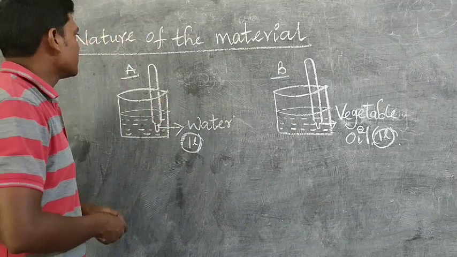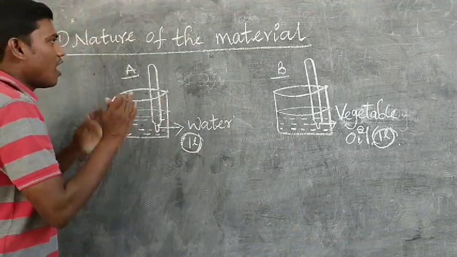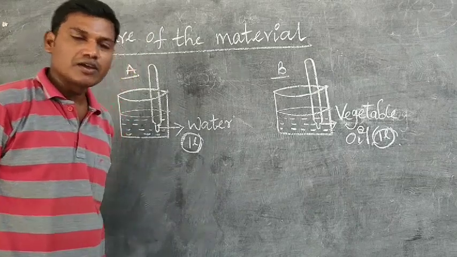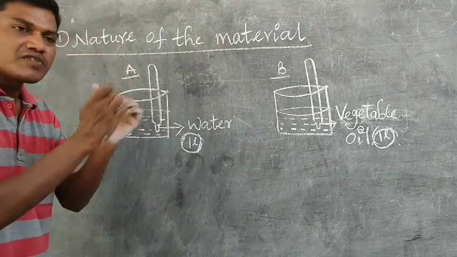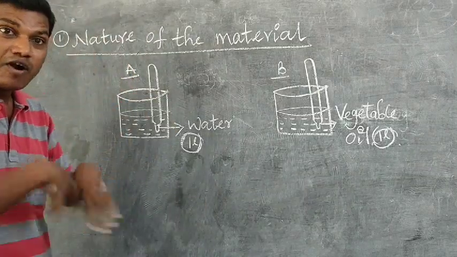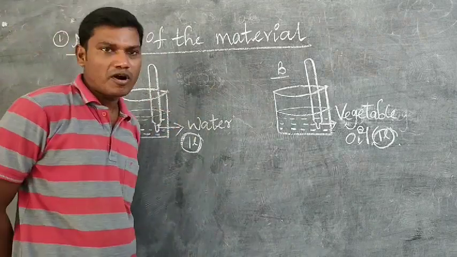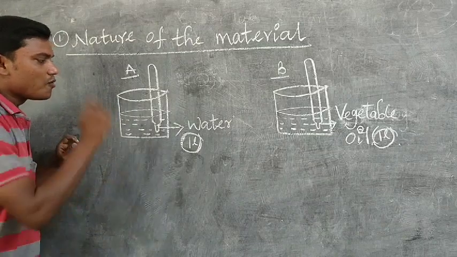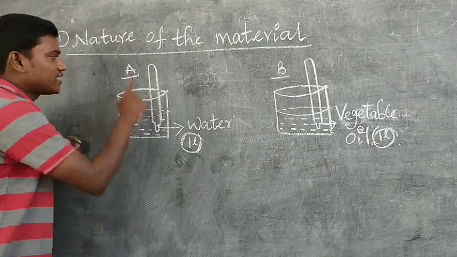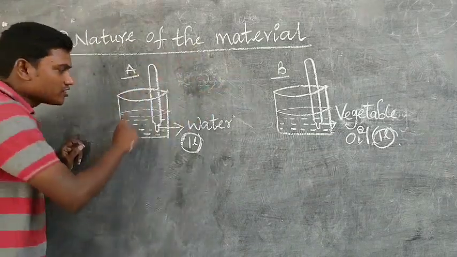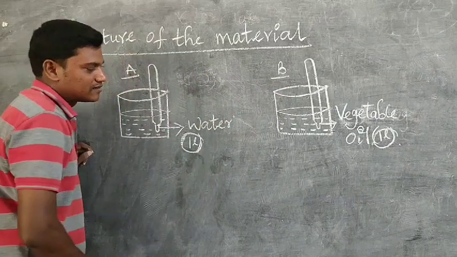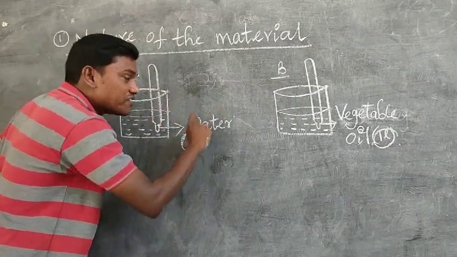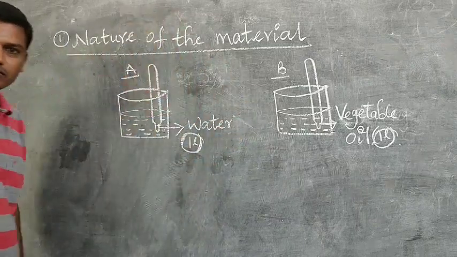Okay, now first we discuss how Q depends upon the nature of the material. Q is nothing but the amount of heat energy absorbed by a body or liberated by a body. That is the meaning of Q. Now first of all, we take two vessels, A and B. These two vessels are filled with the same volume or quantity of different liquids.